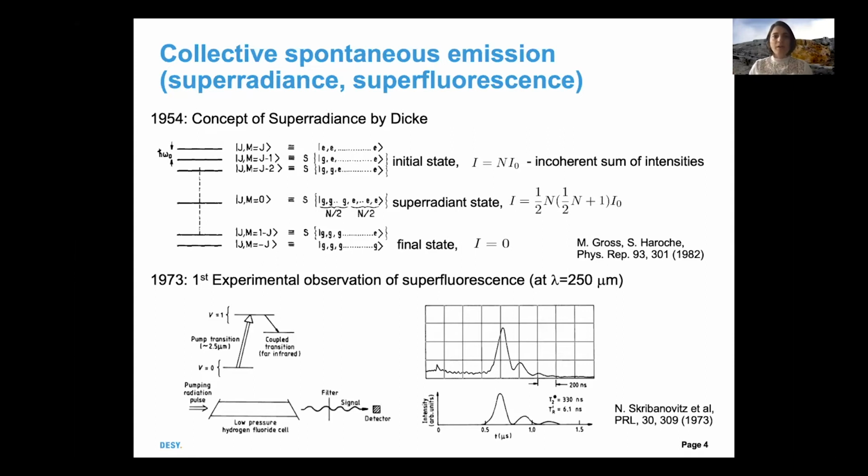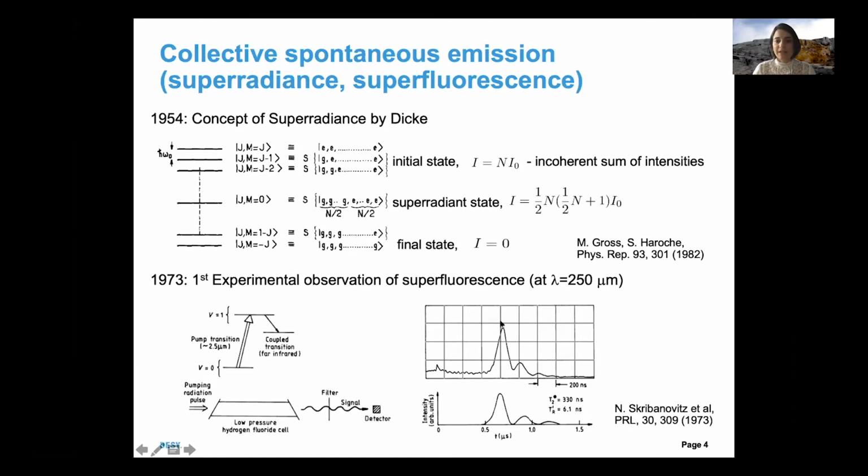So superradiance and superfluorescence is characterized by a delayed emission. And this was observed for the first time in '73 in a dense and long ensemble of atoms. You see here this intensity profile as a function of time.